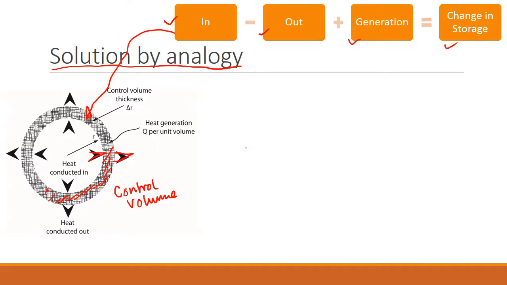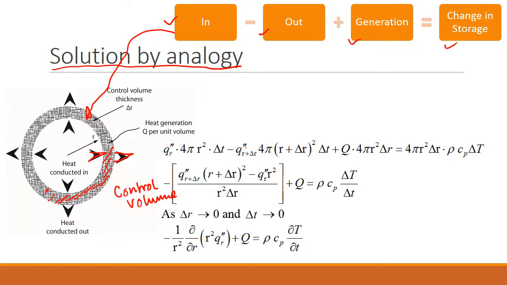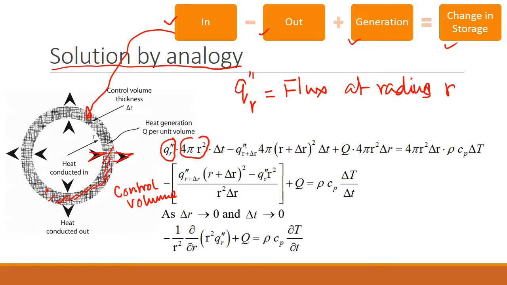Okay, so let's look at all the separate terms. Let's call q_r double prime the flux at radius r. If that is the flux, then the flux multiplied by the surface area at radius r, that's here, and the unit for this flux is watts per meter squared.